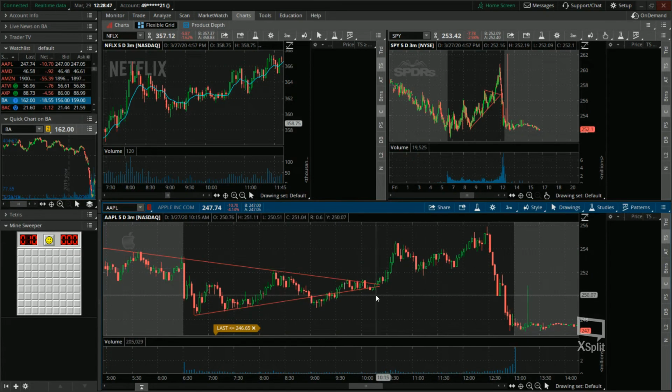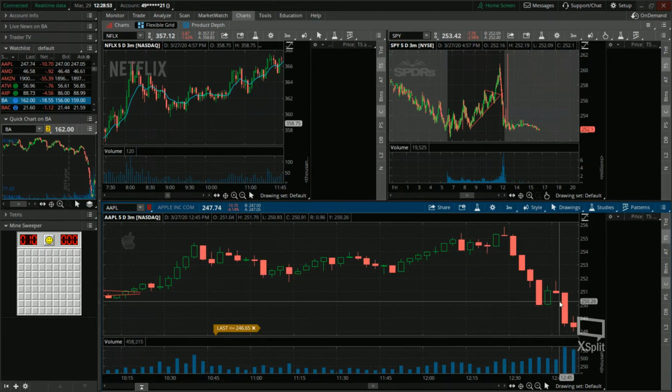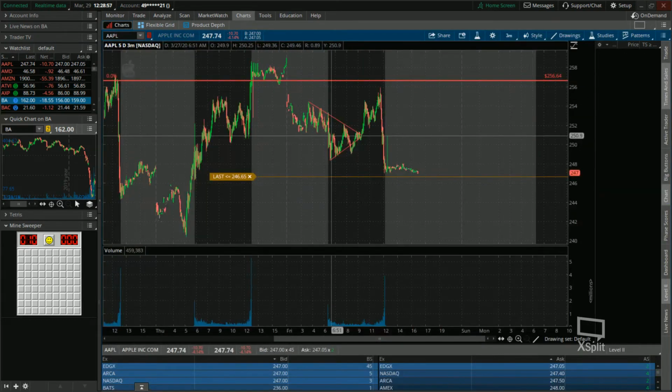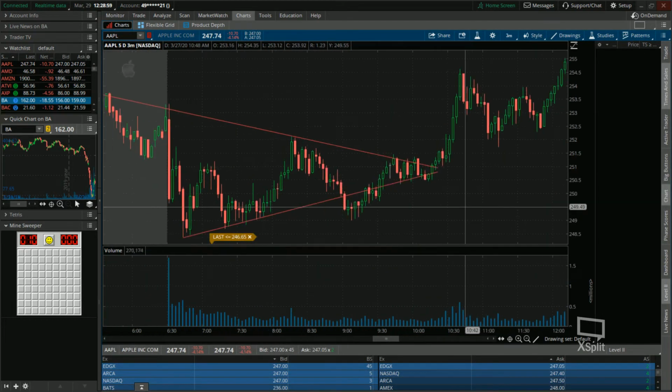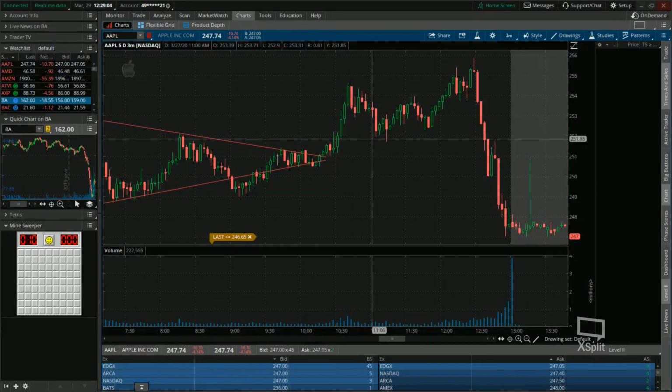I'd prefer looking at that than this for this part. See, doesn't even look good. Especially, we can even look at it here. See, TradingView just looks nicer, in my opinion, but I like using Thinkorswim because it's faster.